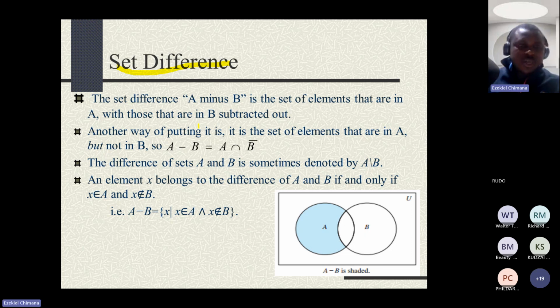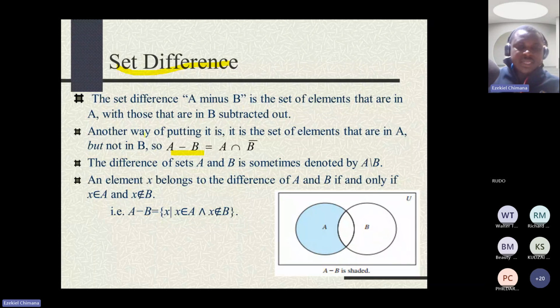Another way of putting it, it is the set of elements that are in A but not in B. So A minus B is just A intersecting B complement. In other words, you just take all the elements in A and then you remove all the elements in B. The difference of sets A and B is sometimes denoted by A backslash B.